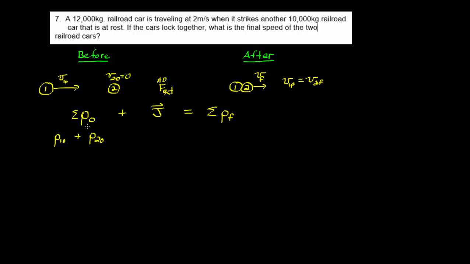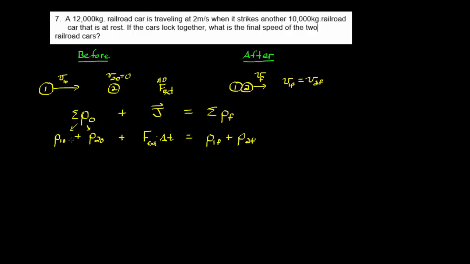So this is just adding up the two momentums. And then plus any impulse. Impulse would be any external force times delta t is equal to the total final. So the total final comes from this side. So again, we have 1 and 2. So we'll have the momentum of 1 final plus the momentum of 2 final. I'm writing everything out. We're going to cancel a bunch of stuff here in just a second.